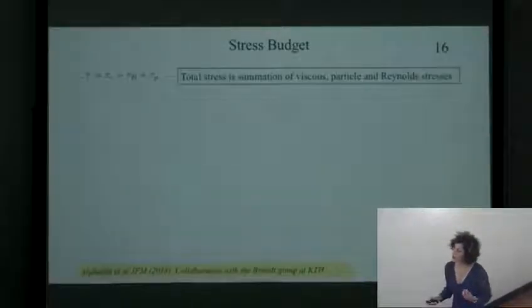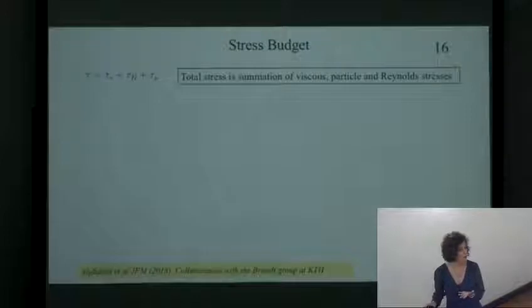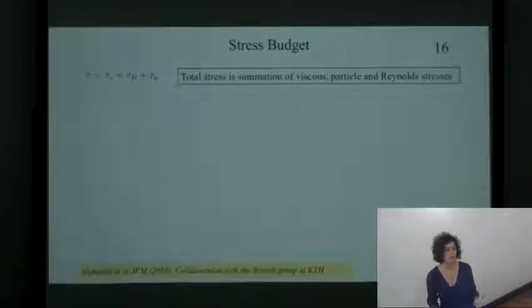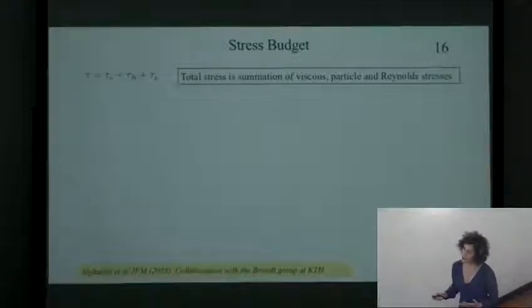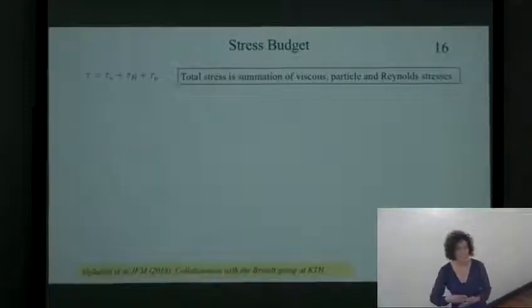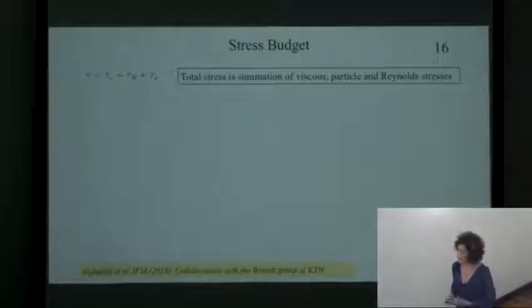So we know that the stress in the suspension comes from the viscous part, Reynolds stresses, and the particle stresses. Particle stresses include the particle acceleration, short range interaction, lubrication, collision, contact, okay? And we will look at these different components to see what's happening really as I increase the inertia in the system.